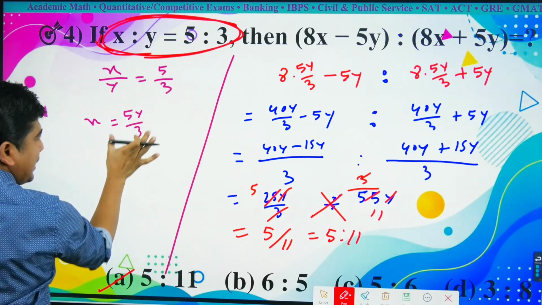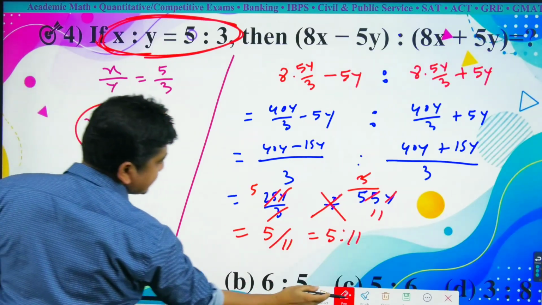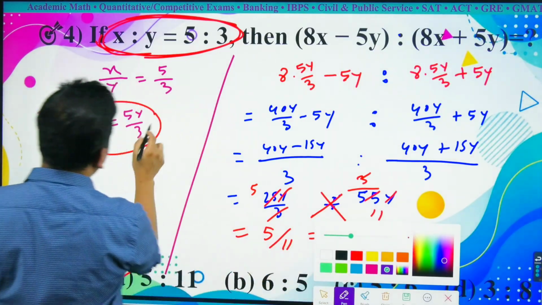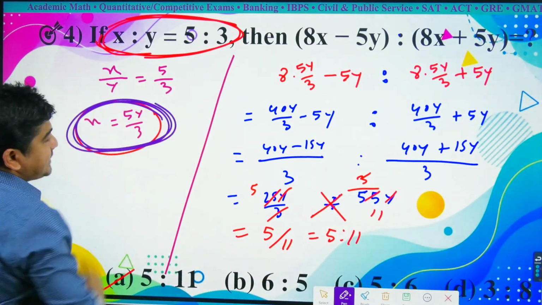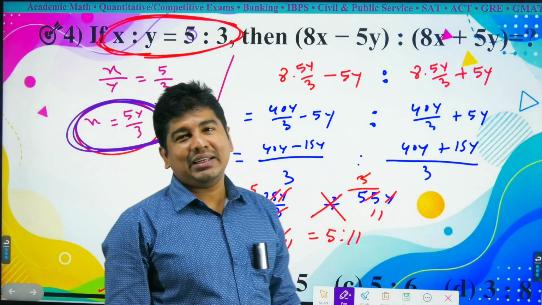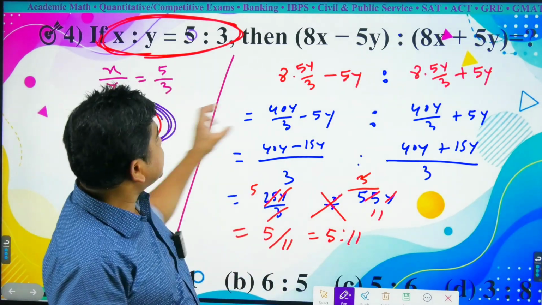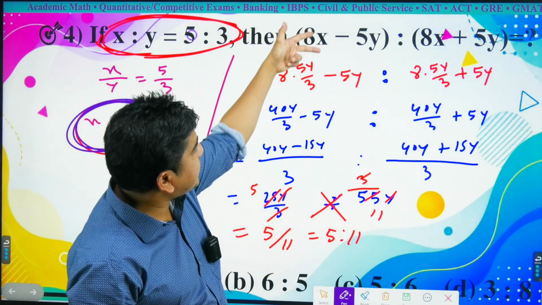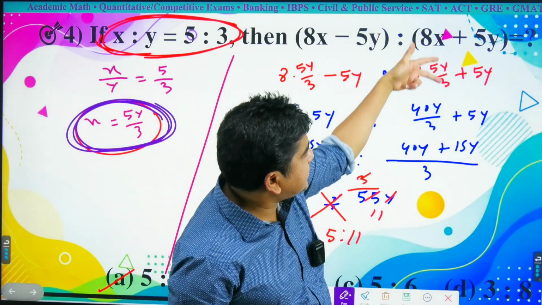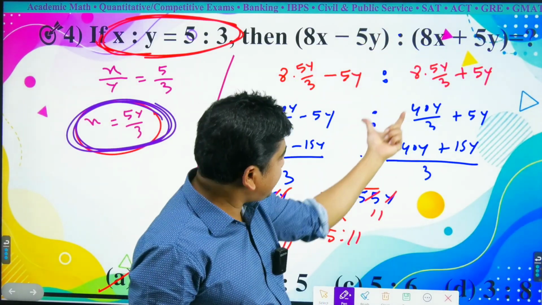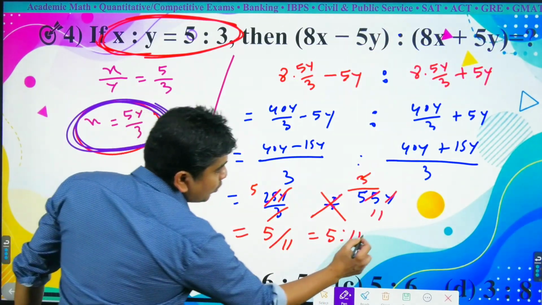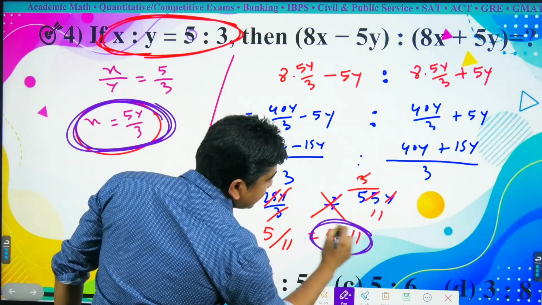From this equation we found the value of x, x equals 5y by 3, and the value of x we put here. Then we approached, and at last we gained the answer 5 is to 11.